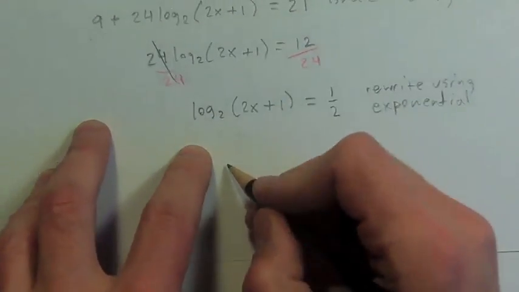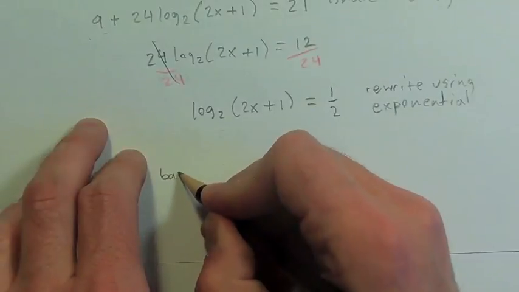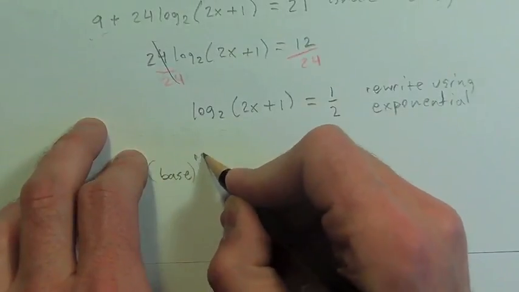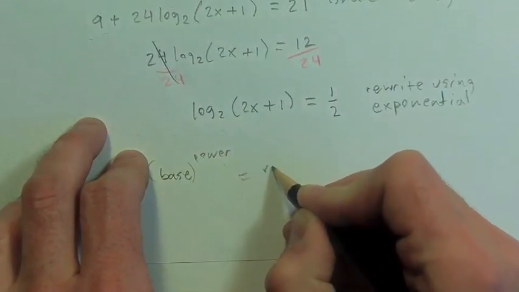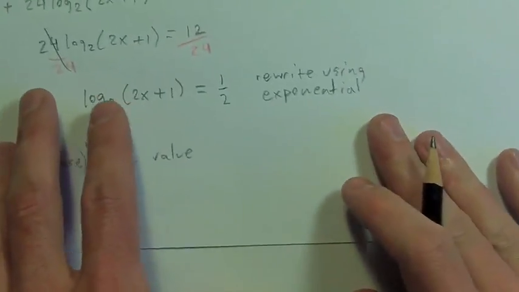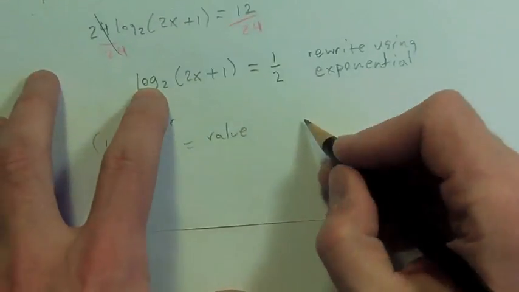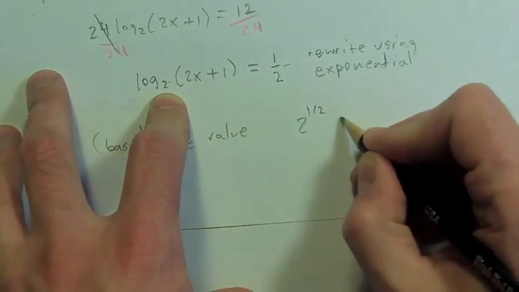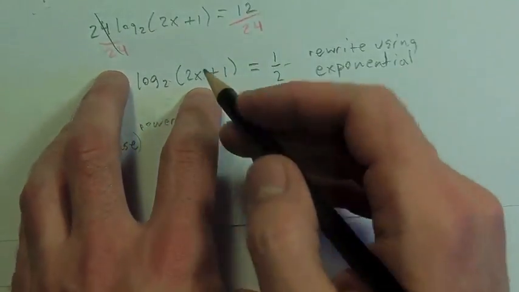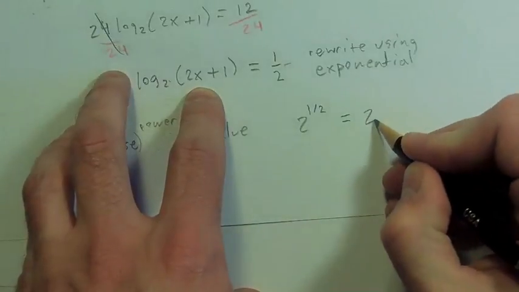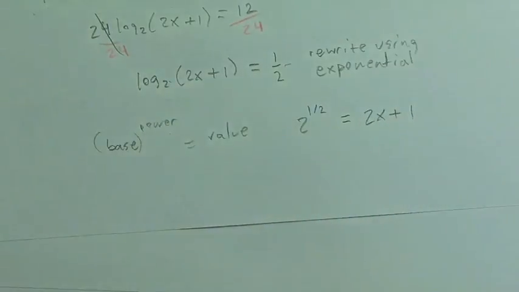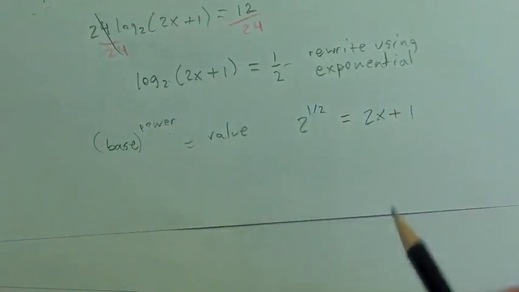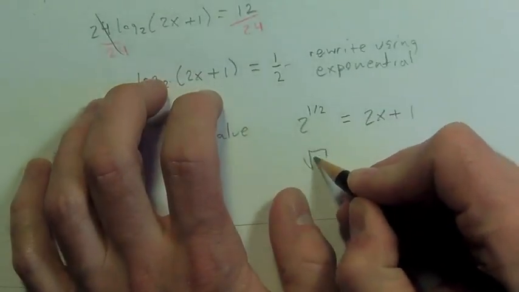Our base is 2, so remember, it's always base to power equals value. So the base here is 2. The power comes from the other side, which is 1/2, and is equal to the value, which is here on the inside, the 2x plus 1. So 2 to the 1/2, that's the square root of 2.